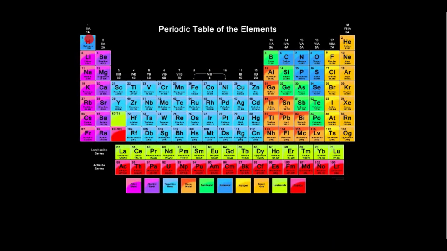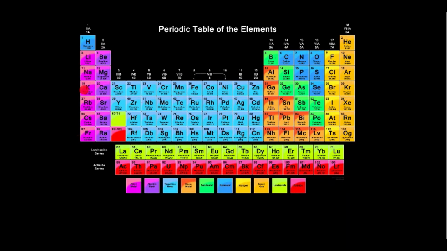Now we will discuss the vertical columns present in the periodic table. The vertical columns of the periodic table are known as groups. The total groups present in the periodic table are 8. Each group is subdivided into two subgroups, subgroup A and subgroup B. In subgroup A, we keep the normal elements, while in subgroup B, usually transition elements are kept.